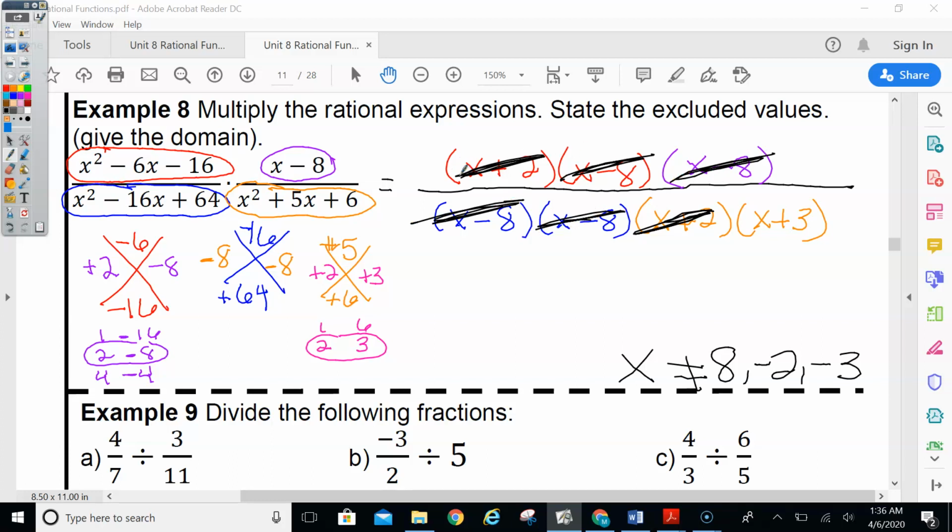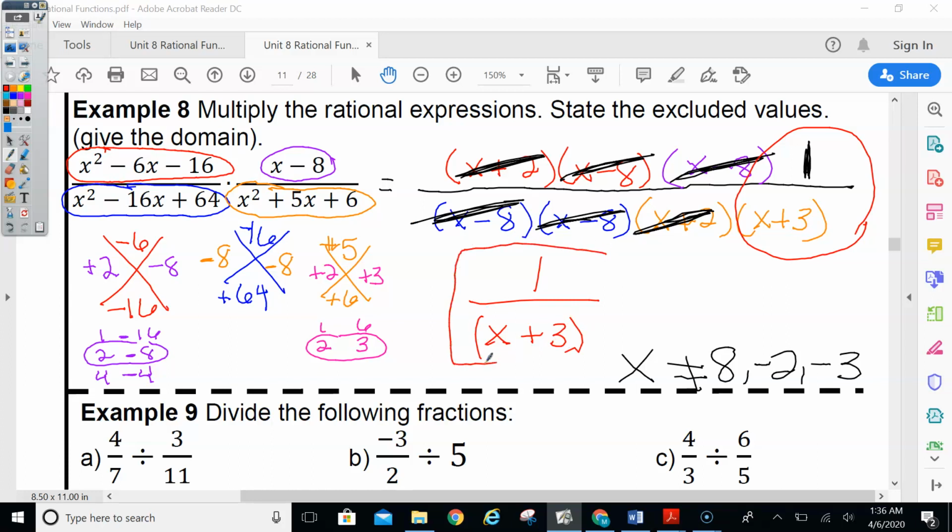So everything in the top cancels. When everything cancels, I'm left with the 1 here. This time I do need the 1 because it's in the numerator. In the bottom you don't need it because dividing by 1 is the same thing. But this time we need it. So my final answer is 1 over x plus 3. It's my reduced form after I cancel everything out.